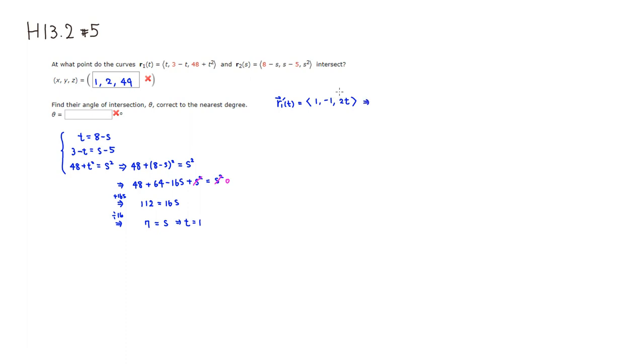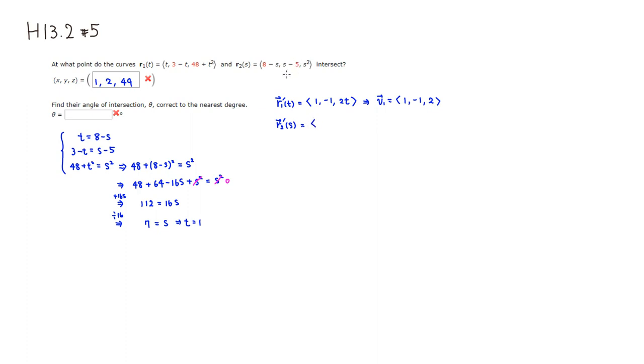Since the intersection point is when t equals 1, I'm going to call this v1. Plugging in t equals 1, it's going to be 1, negative 1, and 2 times 1, so it's 2. That's the direction vector for the first one. For the second one, we take the derivative. These are written in s instead, so I should use s there.